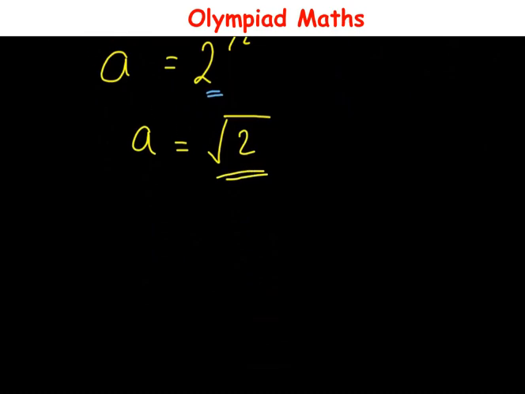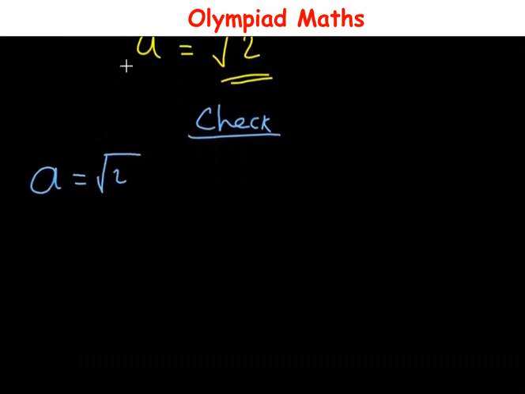But then, by the way, let us confirm. Let's verify if the value of a is the correct solution. We got the value of a to equal root 2, and the question is a raised to power a raised to power 2 is equal to 2. Inputting the value of a as root 2, and by the way, we can express this a as 2 raised to power 1 over 2.